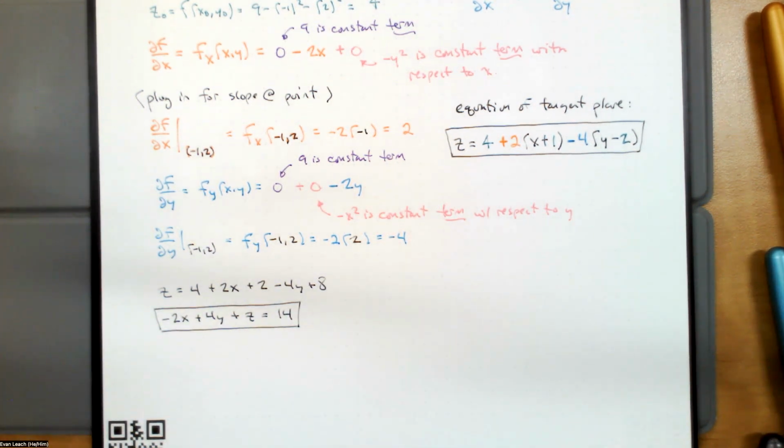Here's a slightly different description of the plane. This is the plane through 0, 0, 14. That's the z-intercept of the plane. What we get from the standard equation of the plane is the normal vector.